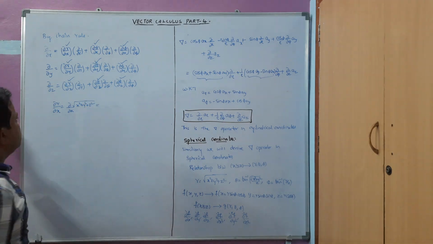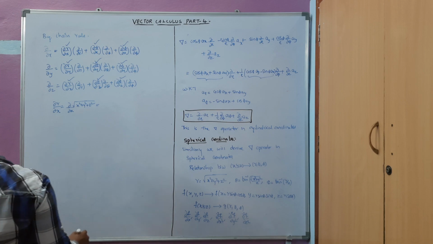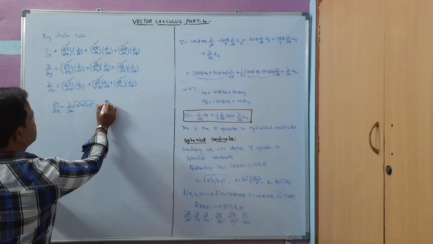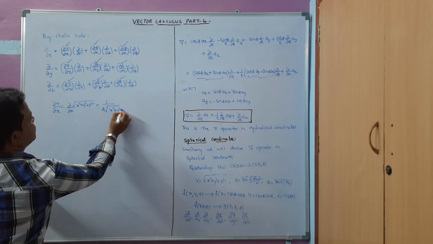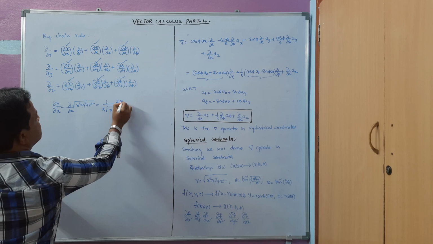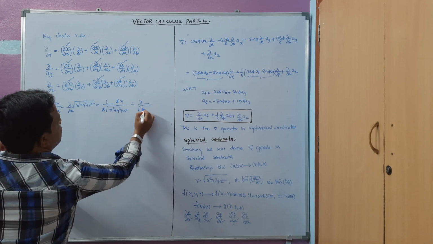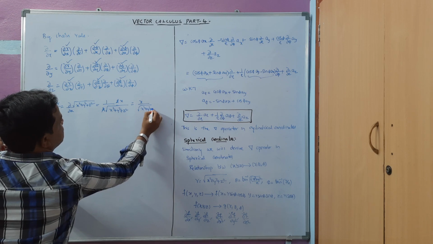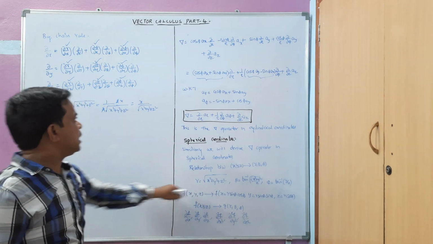The derivative of root x is 1 by 2 root x, so we get 1 by 2 root of x square plus y square plus z square, and with respect to x we get 2x. So it is equivalent to x by square root of x square plus y square plus z square, and the square root of x square plus y square plus z square is r.